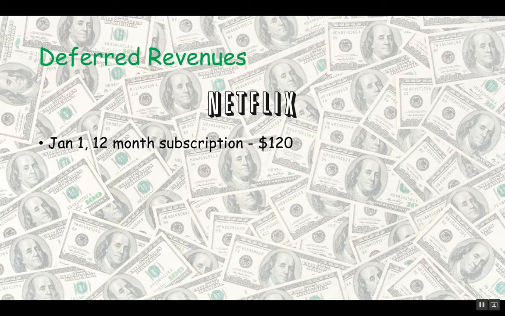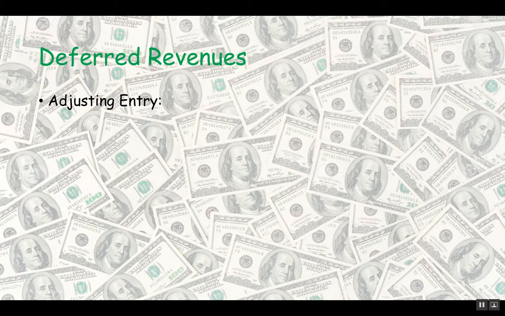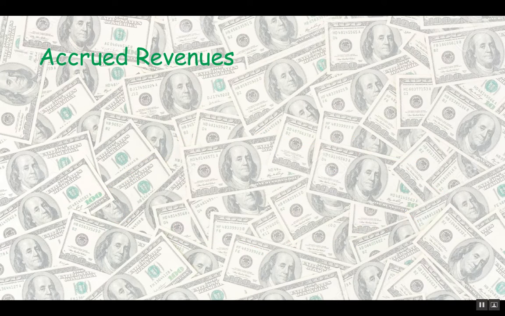To record this, Netflix would initially debit $120 cash and credit $120 to a liability account for their January statement. Then, Netflix would use adjusting journal entries to increase their revenue account and decrease their liability account, both by $10, which is calculated by dividing $120 by 12 months each month, assuming financial statements are prepared at the end of each month.